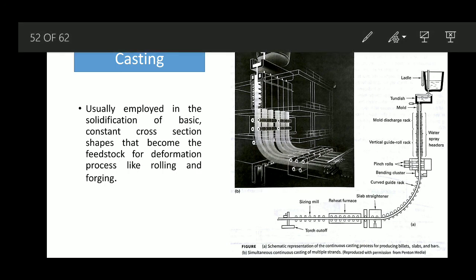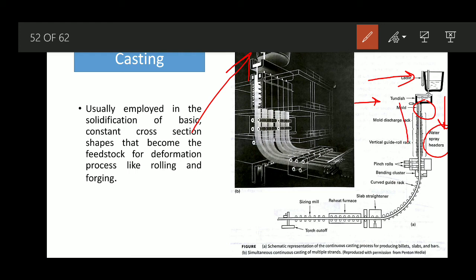So what basically happens is, at the top we have the ladle with molten metal, and then we have the continuous cross-section mold, and molten metal continuously flows through it. There will be a long conveyor belt arrangement, and the metal moves through it, and during that there will be water spray for cooling, and guiding rolls, all that setup.